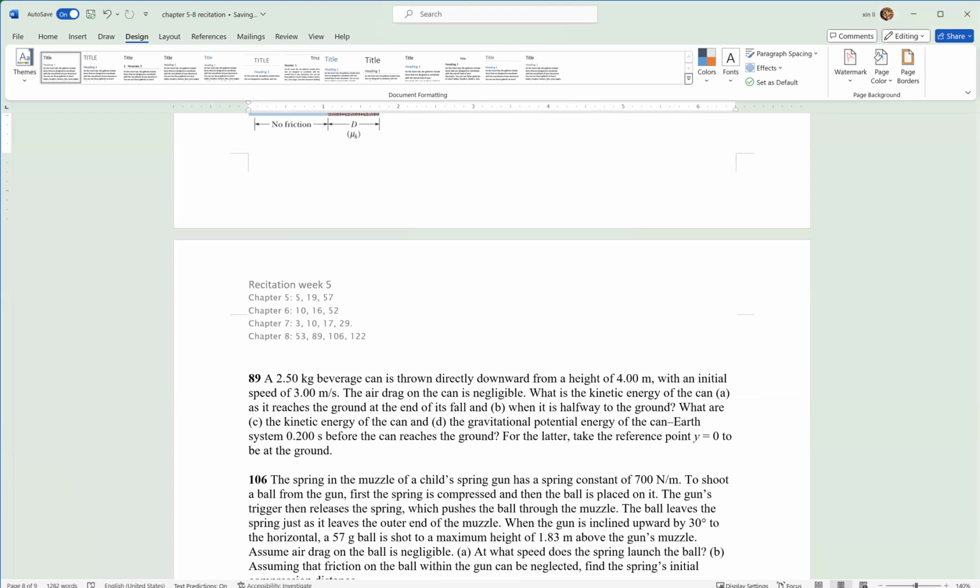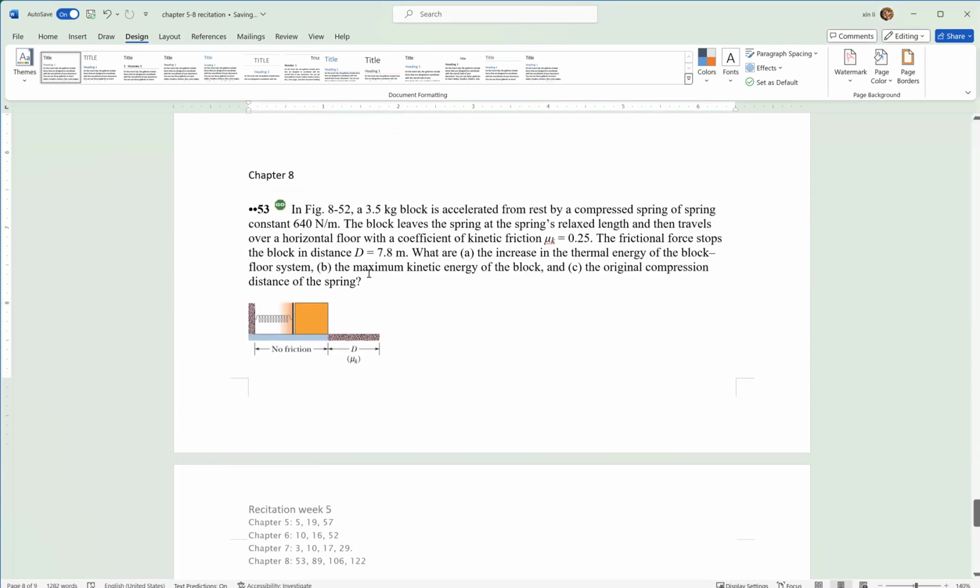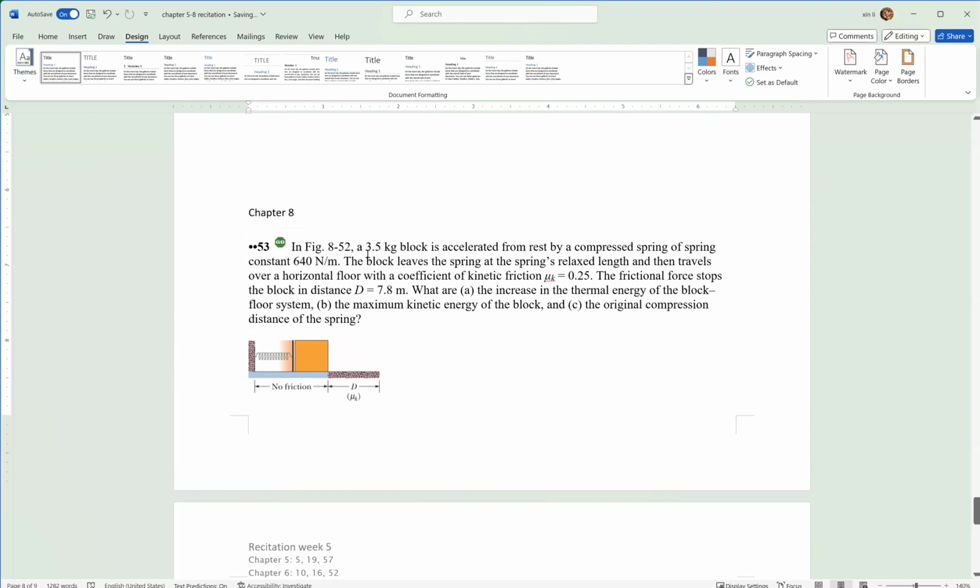So in chapter 8, let's take a look at problem 53. Here we have a 3-kilogram block accelerated from rest, because you have to know how to do conservation of energy and what the thermal energy is. Thermal energy is the work done by the frictional force. So we have this block accelerated from a compressed spring of spring constant 640 newtons per meter.